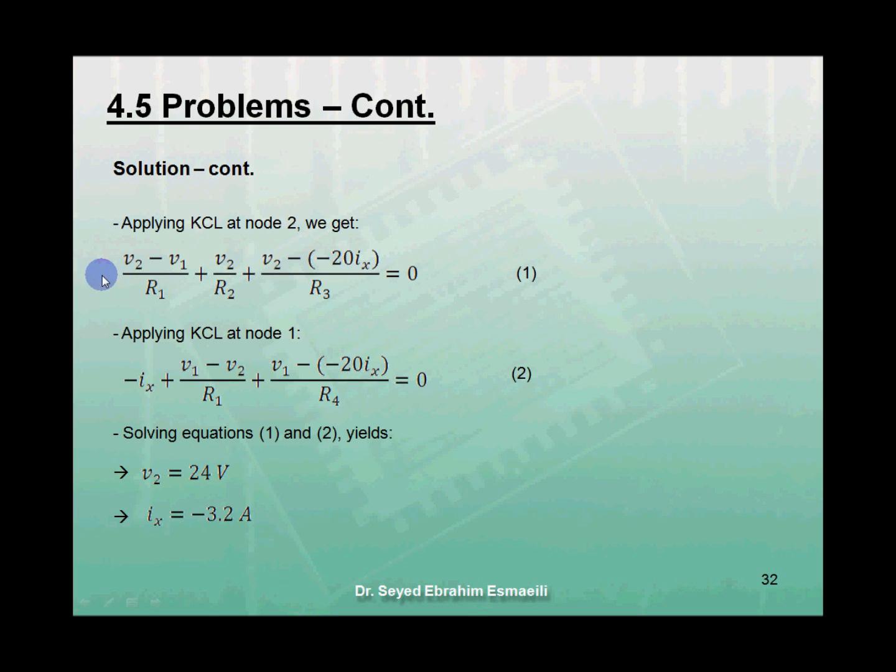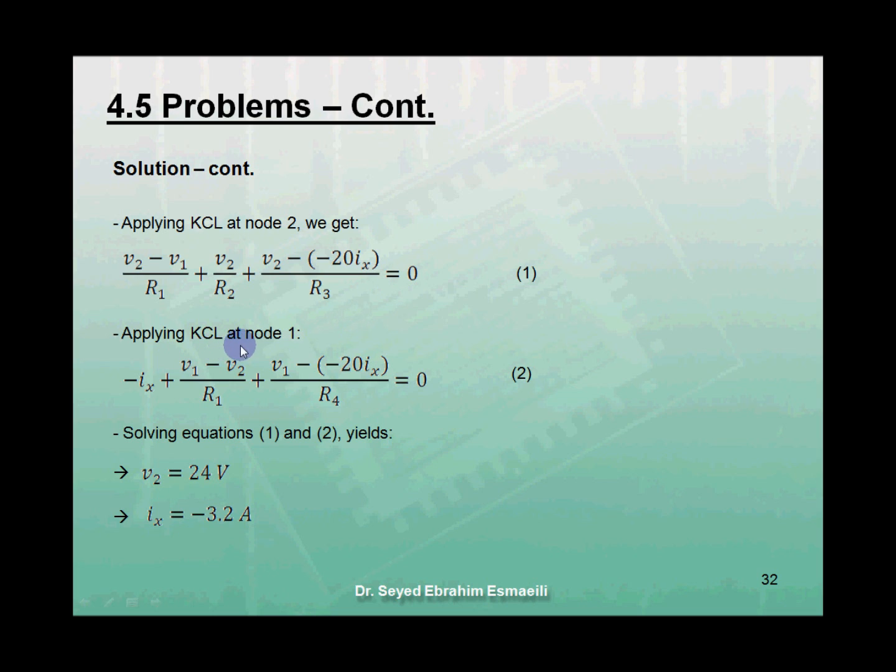Applying KCL at node 2, we get (V2 minus V1) over R1 plus V2 over R2 plus (V2 minus 20 Ix) over R3 equals 0.